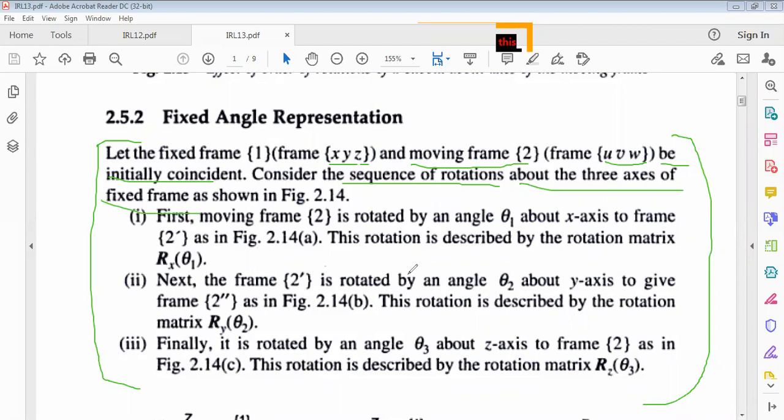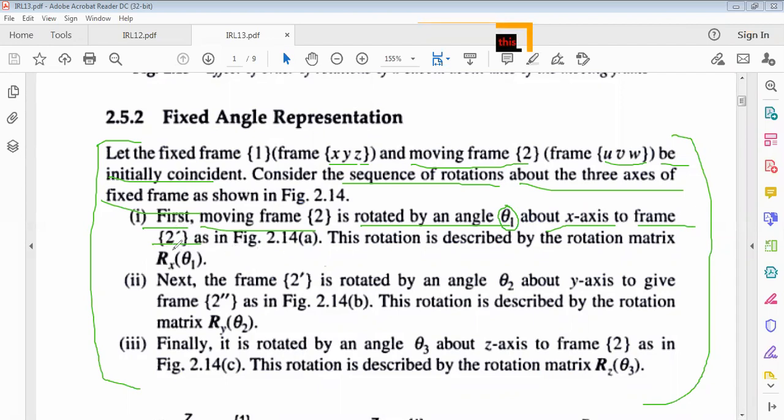First, moving frame 2 is rotated by a fixed angle θ1 about the x-axis to reach a new position, the 2' frame. I will show you in the figure.